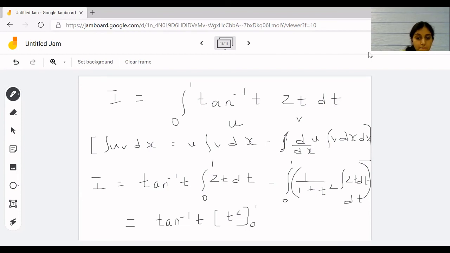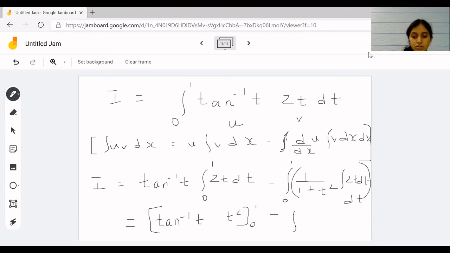So we will also have tan inverse t in the limits. Yes, because we are doing the entire thing from 0 to 1, and then we have minus the integral of 1 upon 1 plus t square times t square, since the integration of 2t dt is 2t square by 2 and the 2 cancels out.